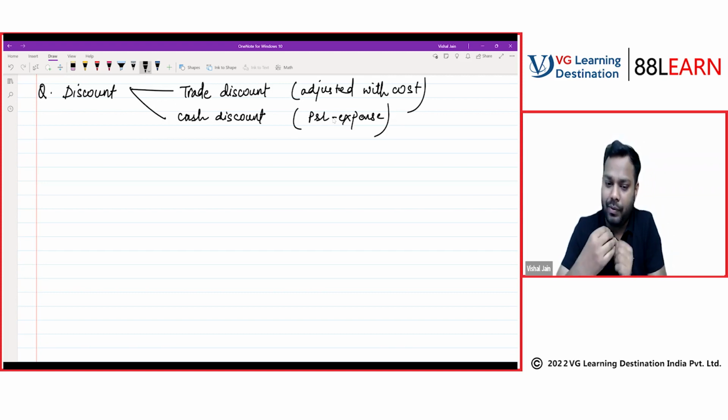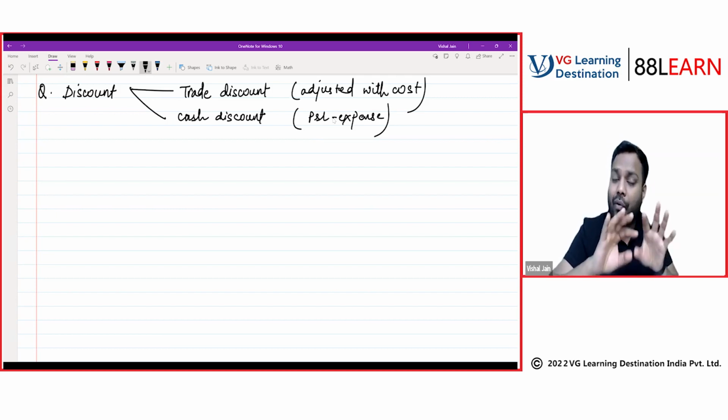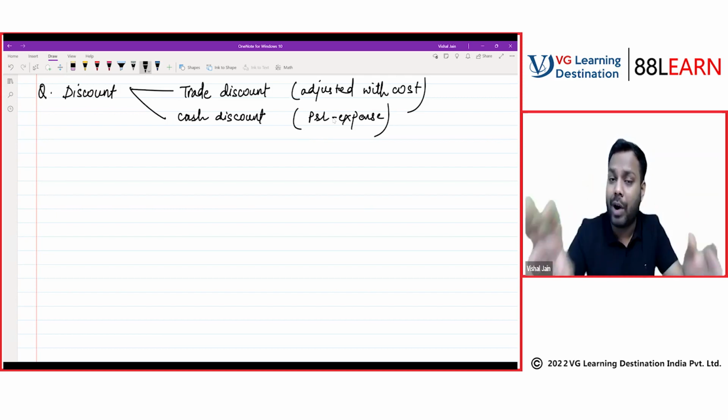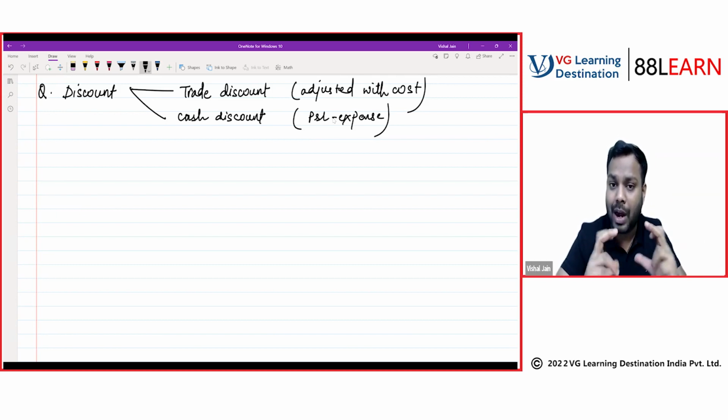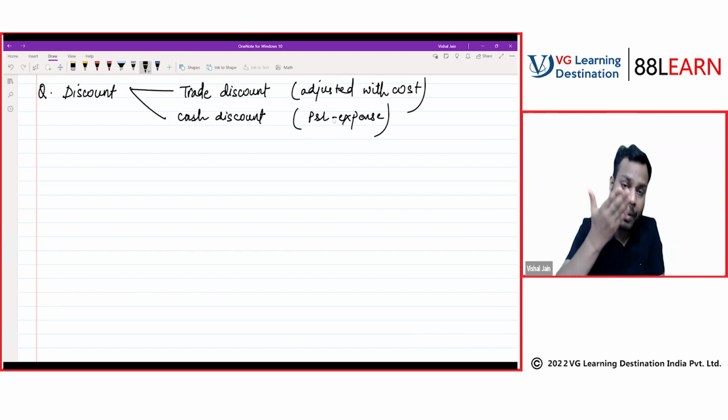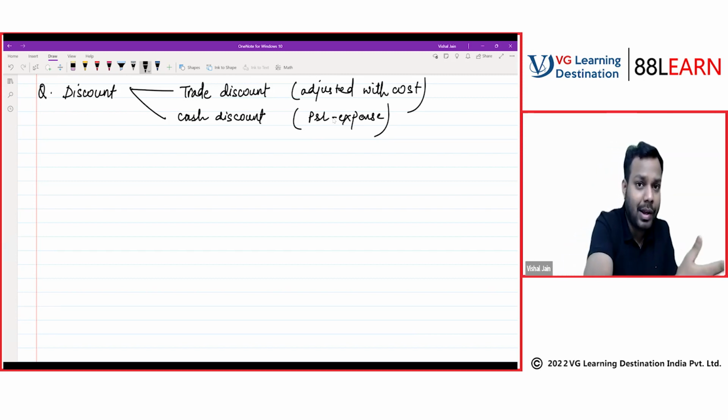Because I know if I defer the payment, there are two risks. One, interest loss, another credit risk. So at least I can avoid the credit risk. And for interest risk, if you pay the amount after 3 months, definitely if I receive the amount now, I can invest and earn interest.